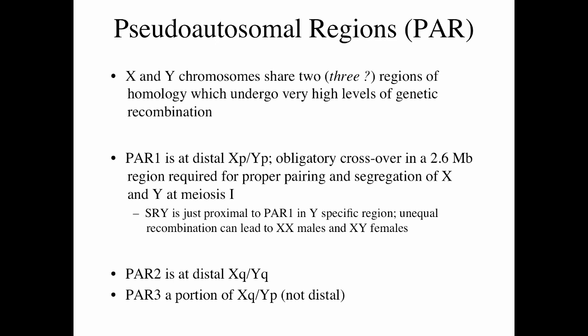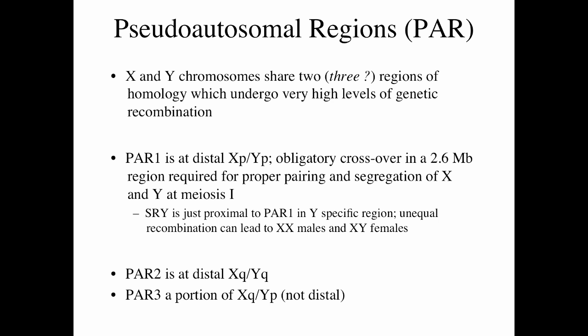The pseudoautosomal regions are regions on the X and Y chromosome. There's 2 or 3 regions that share homology with each other and undergo very high levels of recombination. And recombination is actually absolutely important for chromosomes to pair so that they can segregate properly during meiosis 1.